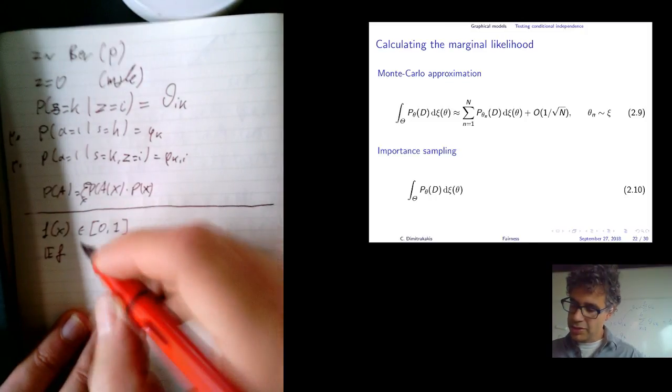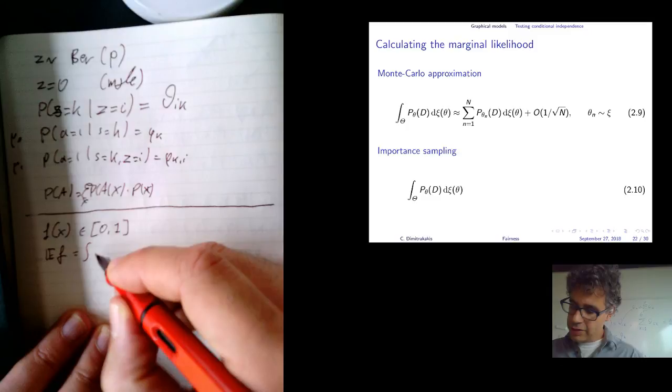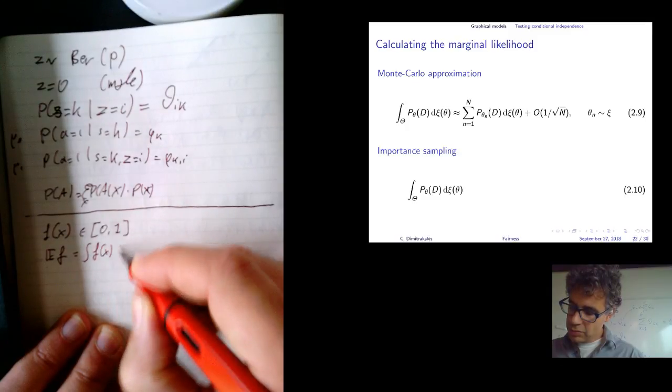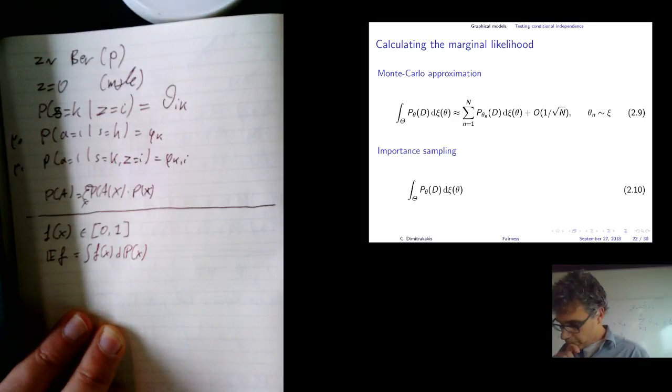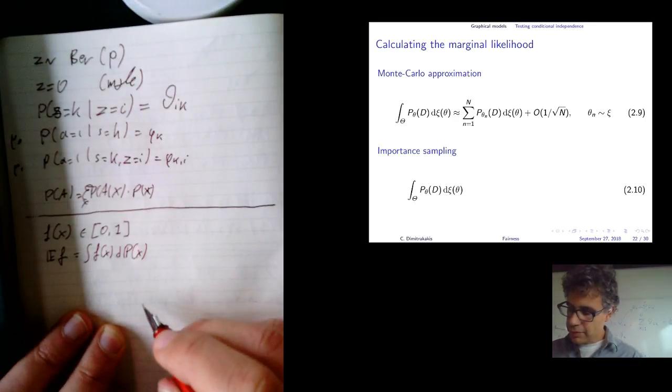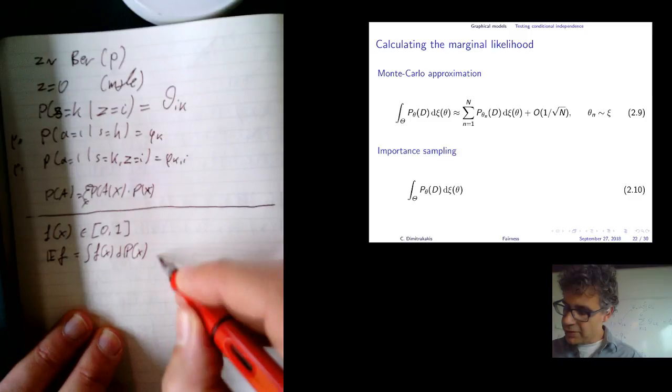So this is the integral of f of x over the probability of x. Let's say what we want to do instead is approximate it by sampling.